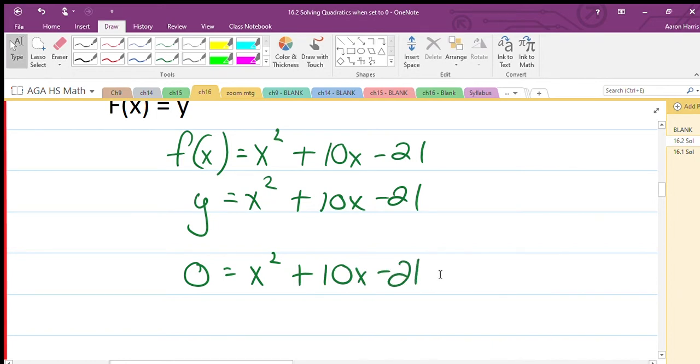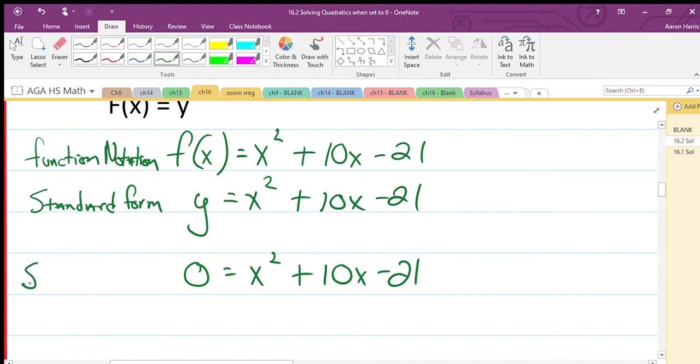So that's why I'm trying to tie all this in. You're going to get it in, this is what? Function notation. Right? That's function notation. You're also just going to get it in standard form. And then this is you setting it equal to 0.